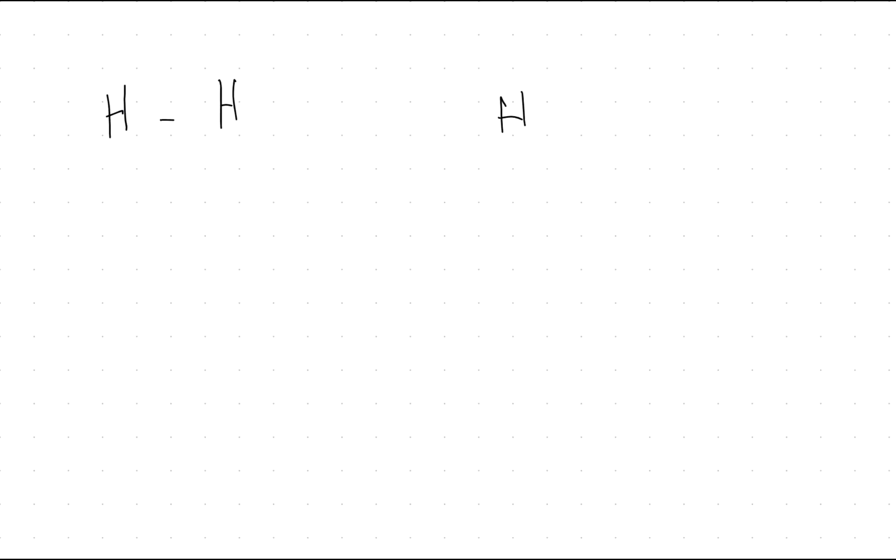Okay. Can you just go to the periodic table and find for me the electronegativity? Electronegativity is a value. Each element in the periodic table has its own one. So if we go to the periodic table for hydrogen, how much is it? 2.2.